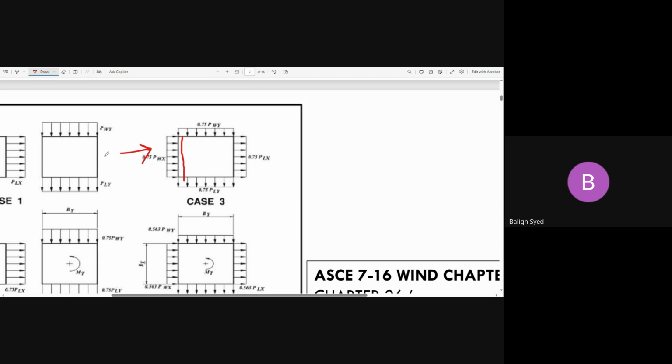We are talking about the main wind force resisting system plus the direction in which I'm applying the wind pressure, right? So this is not the wind which is coming from here. No. The wind you will take from here, then you will add these two winds. And then you will take whatever the wind is coming from that direction, windward, leeward, then windward, leeward, then you will add these two algebraically, and then you will design your shear wall right here. Make sense what I'm saying?